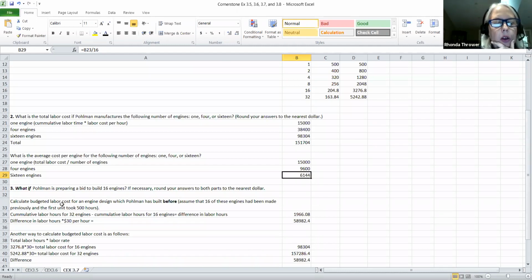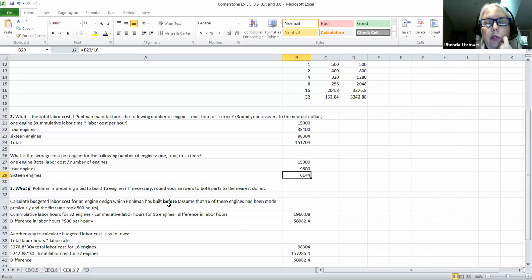And then there is a what if analysis. And it says, what if Pullman is preparing a bid to build 16 engines? If necessary, round your answers to both parts to the nearest dollar. In the first calculation, they wanted you to calculate the budgeted labor cost for an engine design which Pullman has built before.